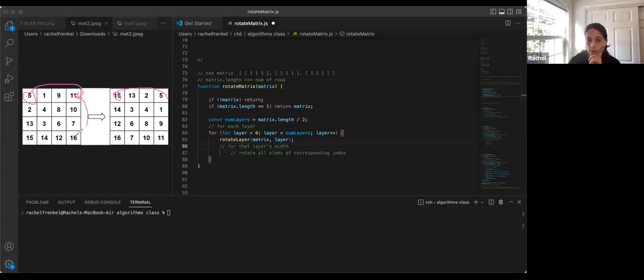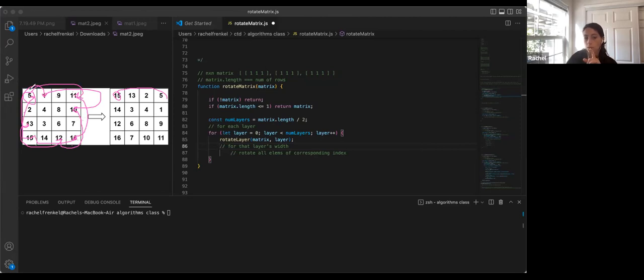Taking the 11 and moving it down here. 16 to here, 15 to here. And now we're taking the 1 and moving it to here. The 10 to here, 12 to here, 13 to here. So we do this for the length. For each layer, we're moving the corners, then the corners +1, corners +2.